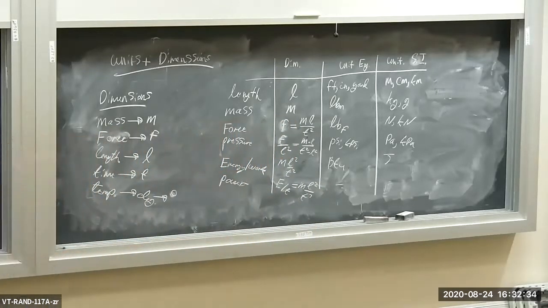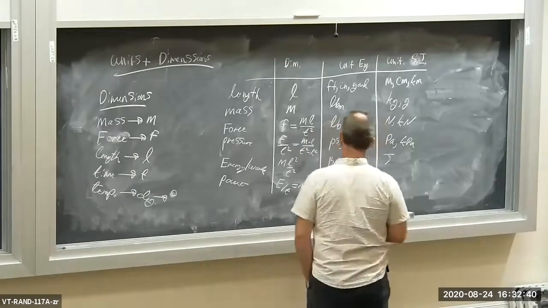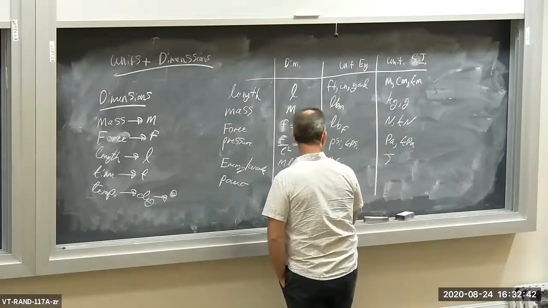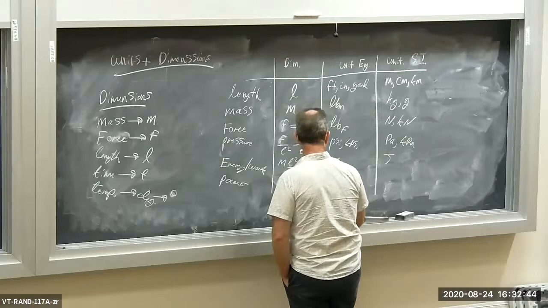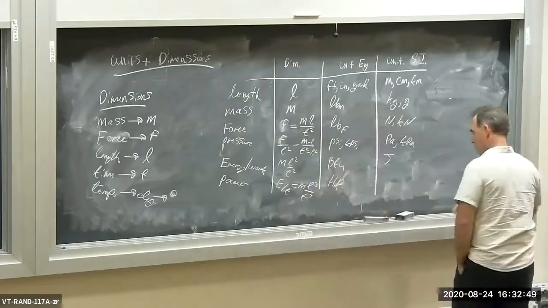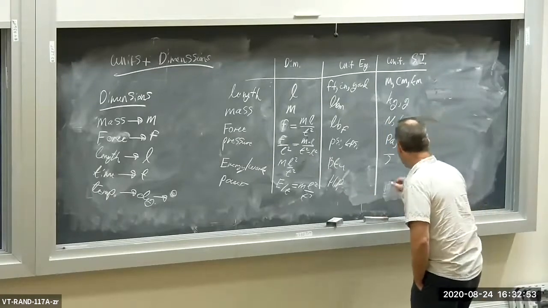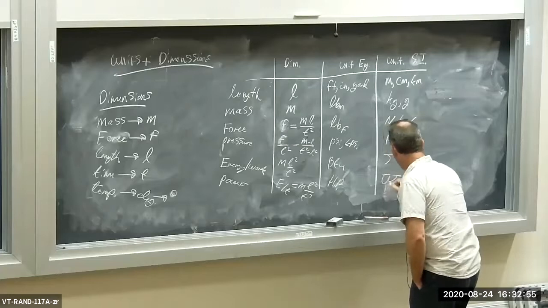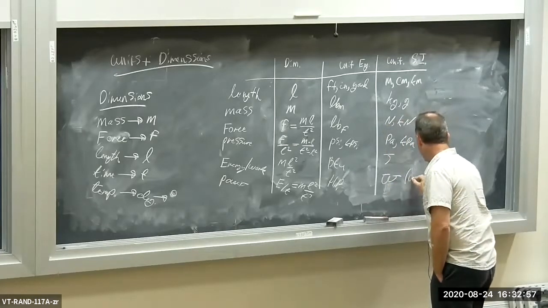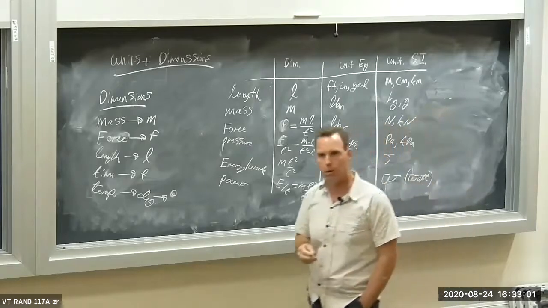I'm just dividing energy by time, so I get mass length squared over time cubed. The big unit for power in English is the horsepower. And of course, the big one in metric or SI is the watt. Watt, not work. Okay.